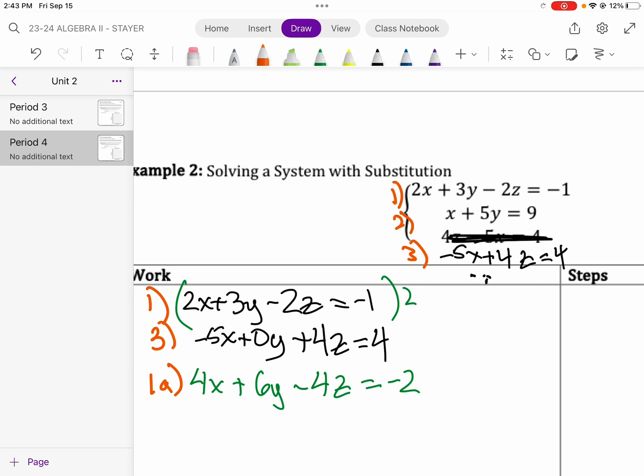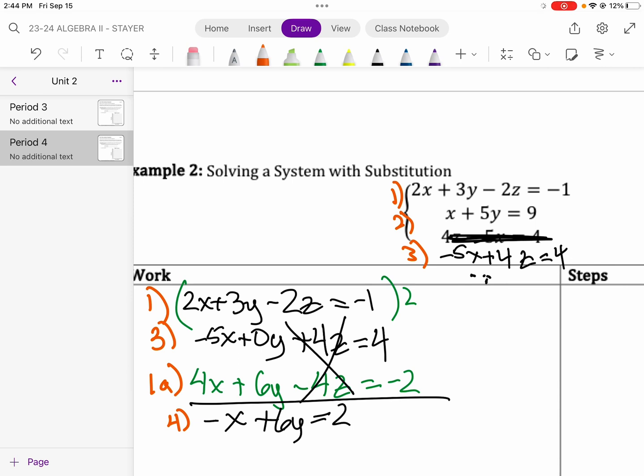I'll call it 1a, not that you have to, but that way I know it's affiliated with 1. Looks like I have -x plus 6y. The z's are out of there, and it equals 2. This is what we typically call equation 4.